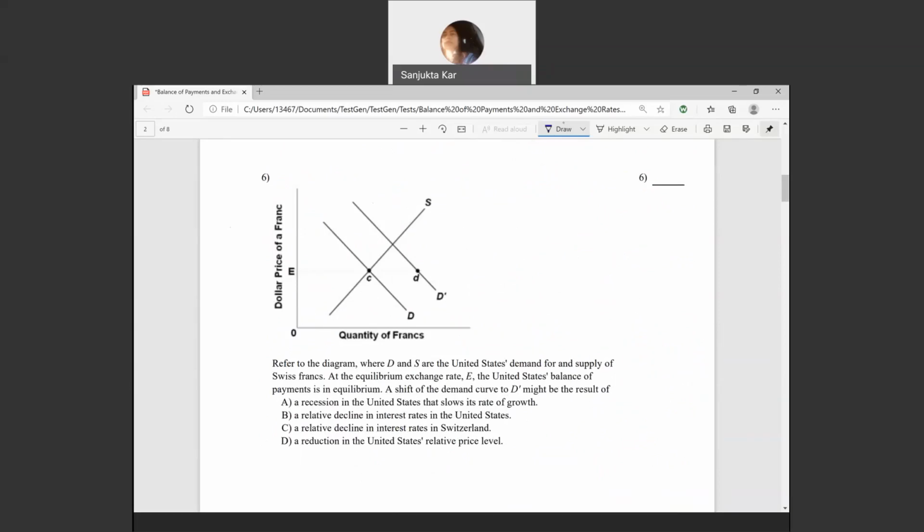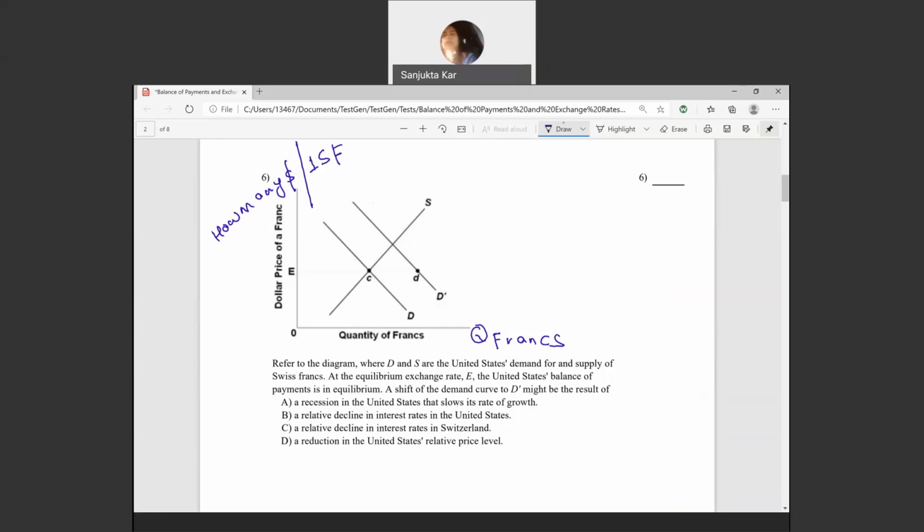Look here, on the horizontal axis we have the quantity of Swiss francs. On the vertical axis we have the dollar price of franc. That means how many dollars 1 unit of Swiss franc can buy.